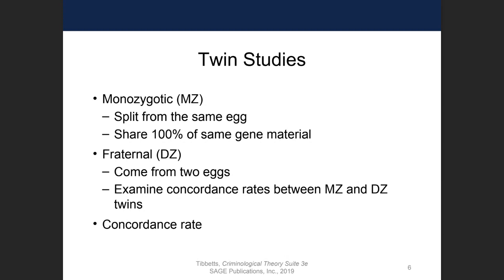This was not as true when we talked about the fraternal twins or the dizygotic twins. So the findings that I just described suggest that there's a strong link between biological links between individuals and criminal behavior.